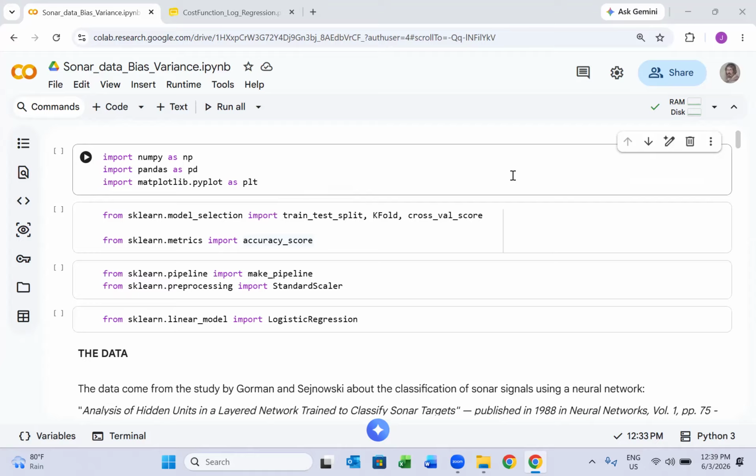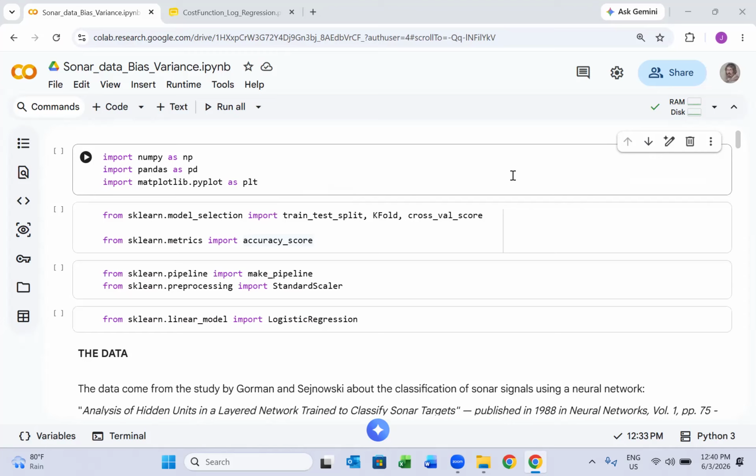So I created a Python notebook in Colab for the video, and I will share a link to this notebook in the video description. The notebook already includes all the code needed to run the analysis because I really want to focus on explaining the outputs from the code, explaining the machine learning ideas. So I didn't want to spend time writing code as I was doing the video, okay?